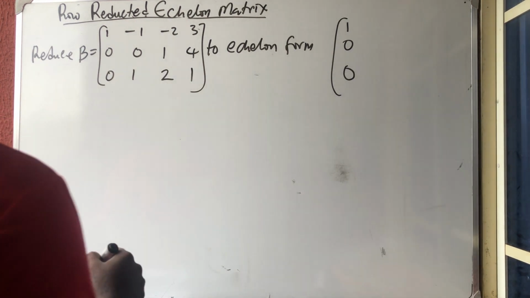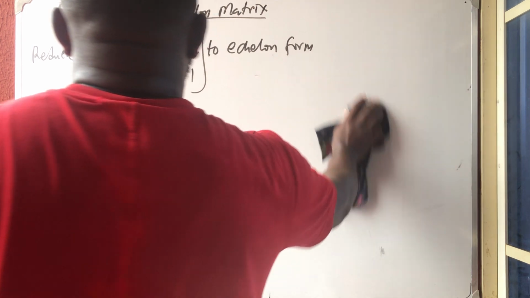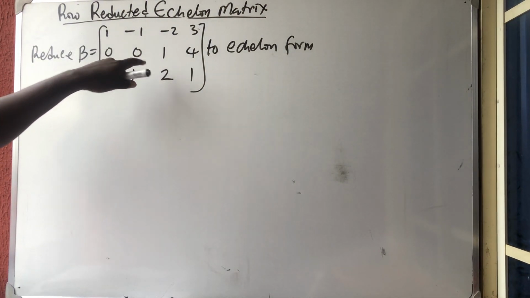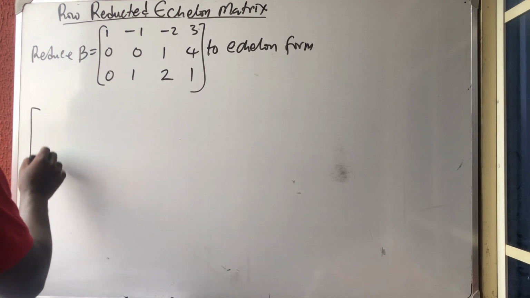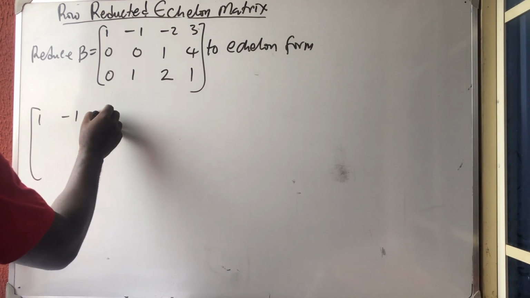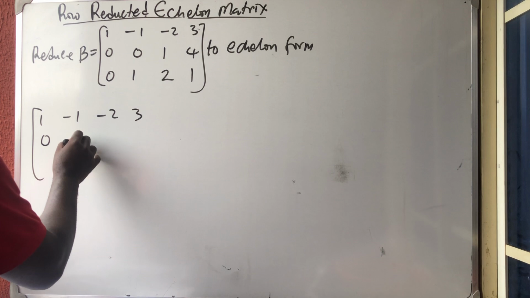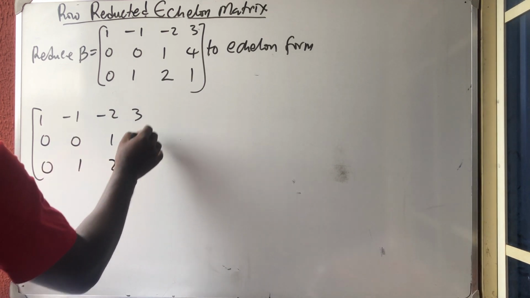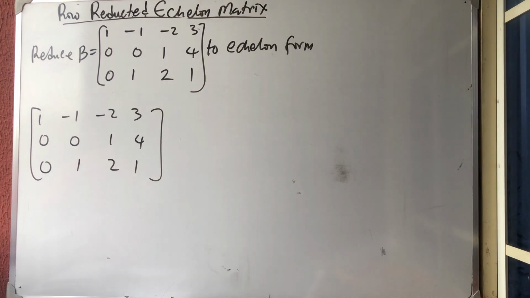Okay, now don't forget the echelon form, that once you have 0, like this one now, is okay. So what we need to do is what? First of all, I have 1 minus 1 minus 2 3, 0 0 1 4, 0 1 2 1. Now the first thing I need is 1 here, 0 everywhere.